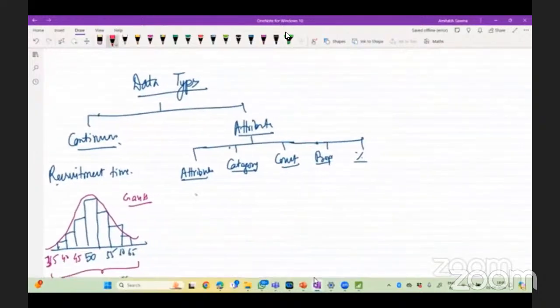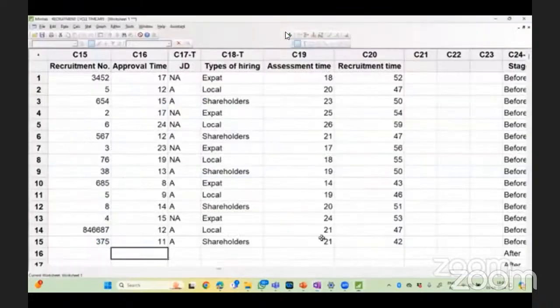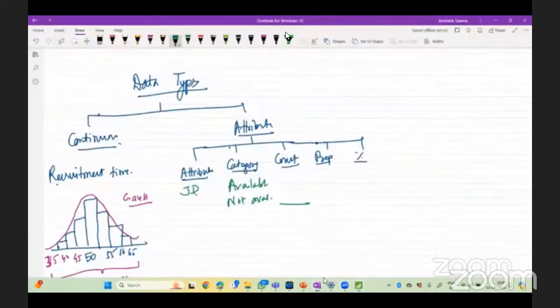When I have attribute data, let's say job description available, not available, I count how many times it was available and how many times it was not. So I can say 1, 2, 3, 4, 5, 6 times not available, and 10 times it was available.